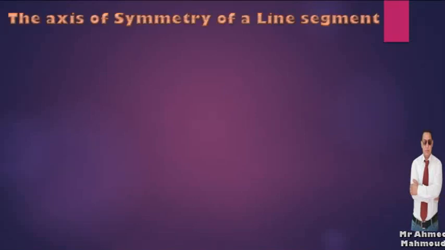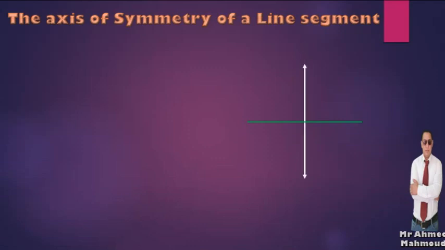Now we studied the axis of symmetry of the isosceles triangle. Now I'm going to study the axis of symmetry of the line segment. If we have a line segment like this, the axis of symmetry of a line segment is a straight line at the middle like this.